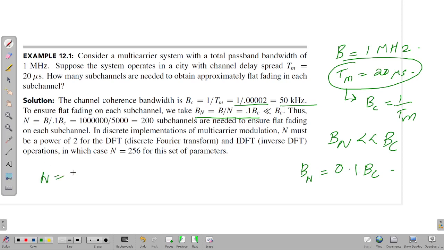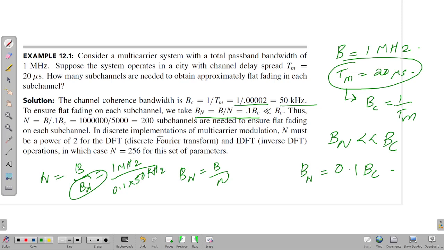You know the equation, Bn is equal to B divided by N. So N is going to be B divided by Bn, the total bandwidth 1 megahertz divided by Bn. Bn is equal to 0.1 Bc, so 0.1 into 50 kilohertz, and you have 200 subchannels which are required to ensure flat fading on each subchannel.